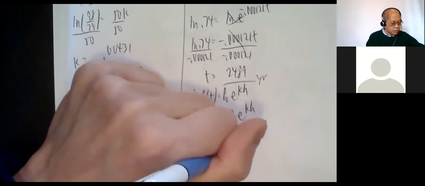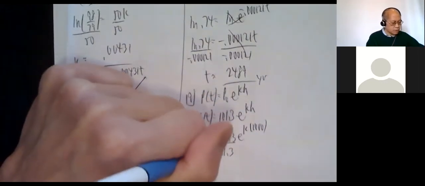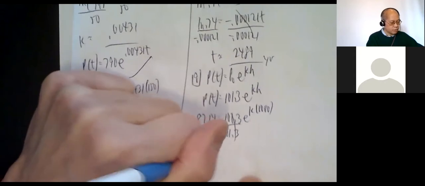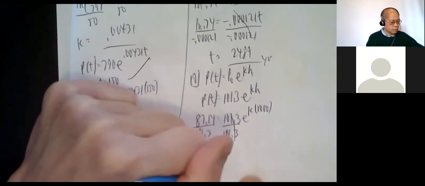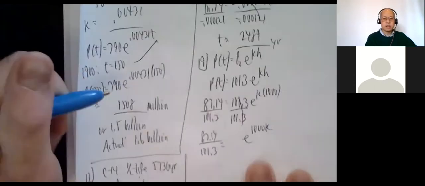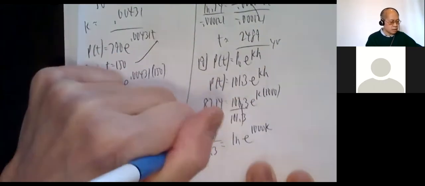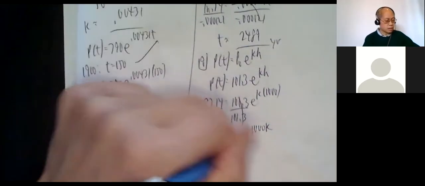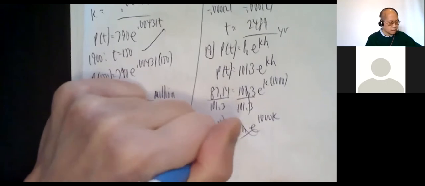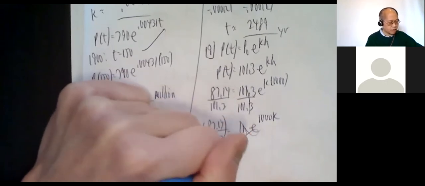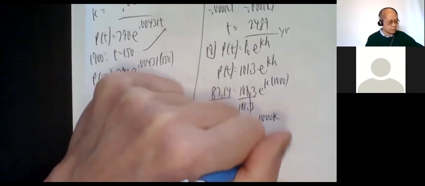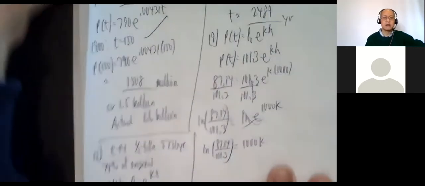Divide by 101.3: 87.14 over 101.3 equals e to the 1,000k. ln cancels out. ln of 87.14 divided by 101.3 is equal to 1,000k.